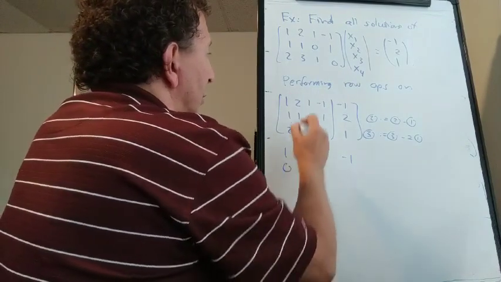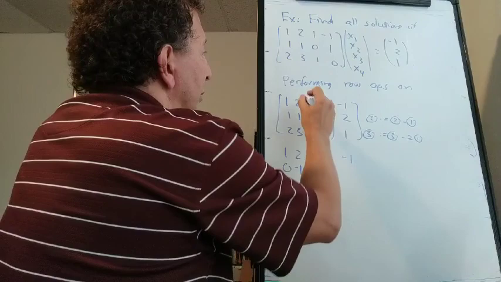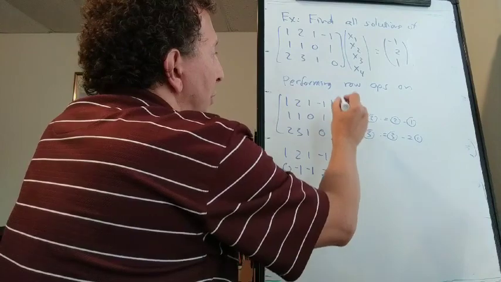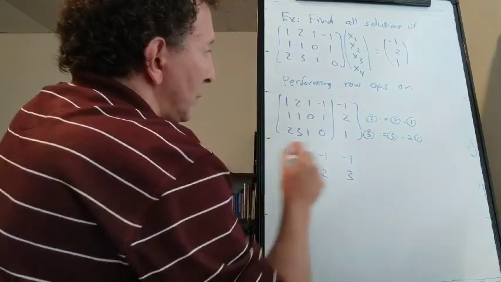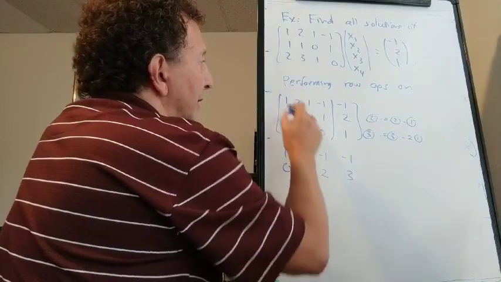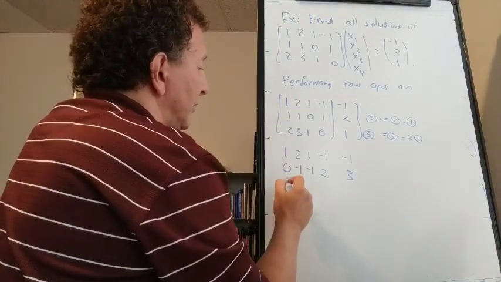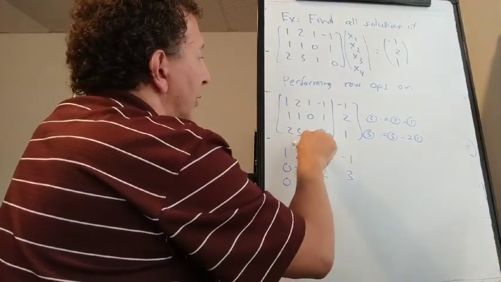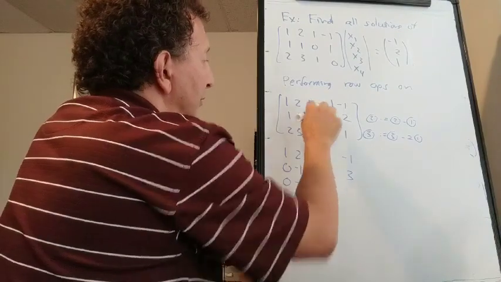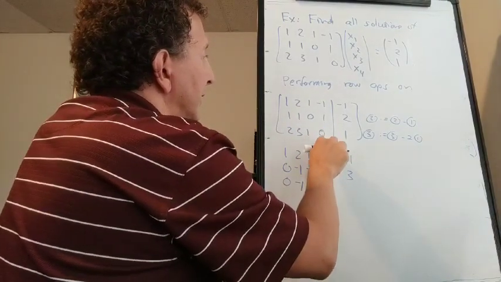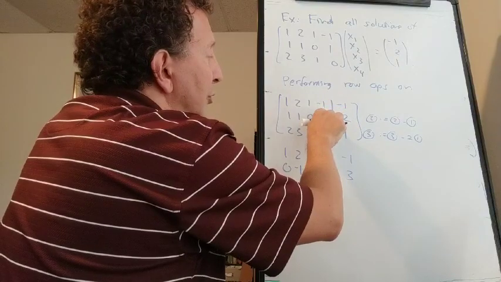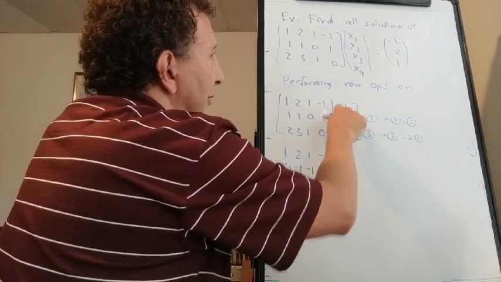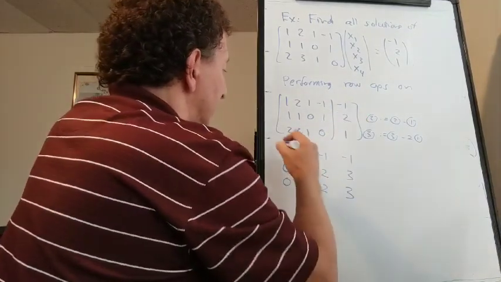For row 2: 1 minus 1 is 0, 1 minus 2 is negative 1, 0 minus 1 is negative 1, 1 minus negative 1 is 2, 2 minus negative 1 is 3. For row 3 minus 2 times row 1: 2 minus 2 is 0, 3 minus 4 is negative 1, 1 minus 2 is negative 1, 0 minus 2 negative ones is 0 plus 2, which is positive 2, and 1 minus 2 negative ones is 1 plus 2, which is 3.